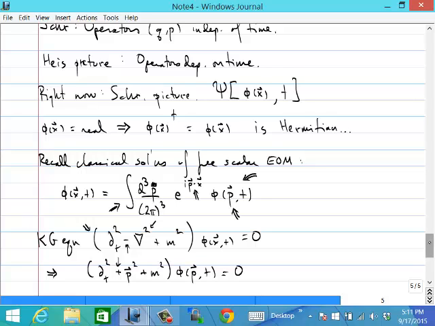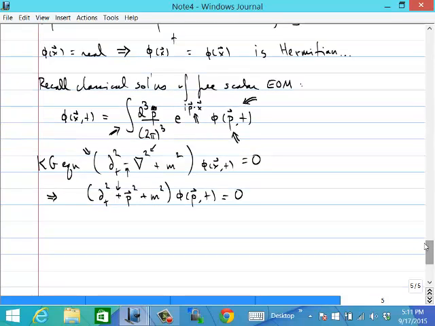Now, this is an equation which even I can solve. The solutions are that phi will oscillate, and it will look like e to the plus or minus i omega t, where omega is the frequency that we discovered last class. It's the square root of p squared plus m squared.